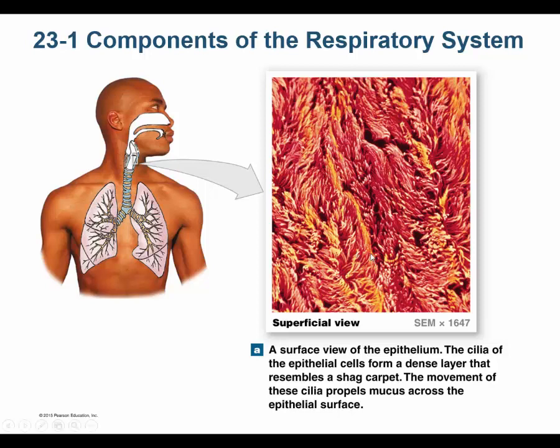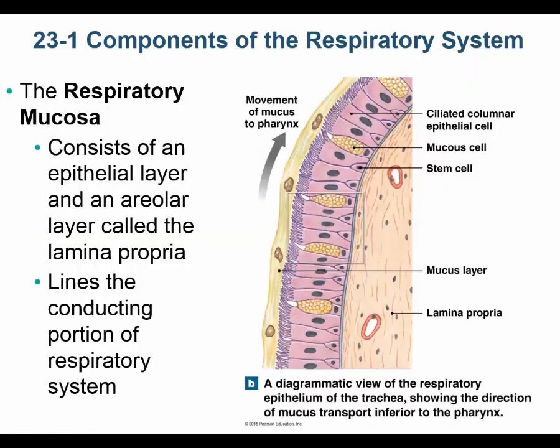And then our gastric acids kill whatever living organisms might be in there. It's called the ciliary escalator. So you can see the mucus here with trapped particles. The cilia are going to beat upward, and they're going to move this mucus upward, and that's what we call the ciliary escalator.